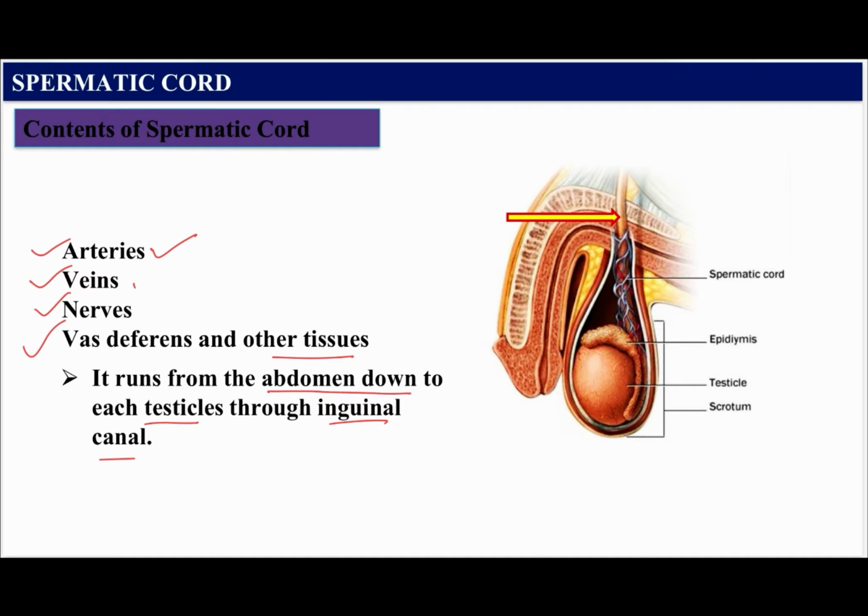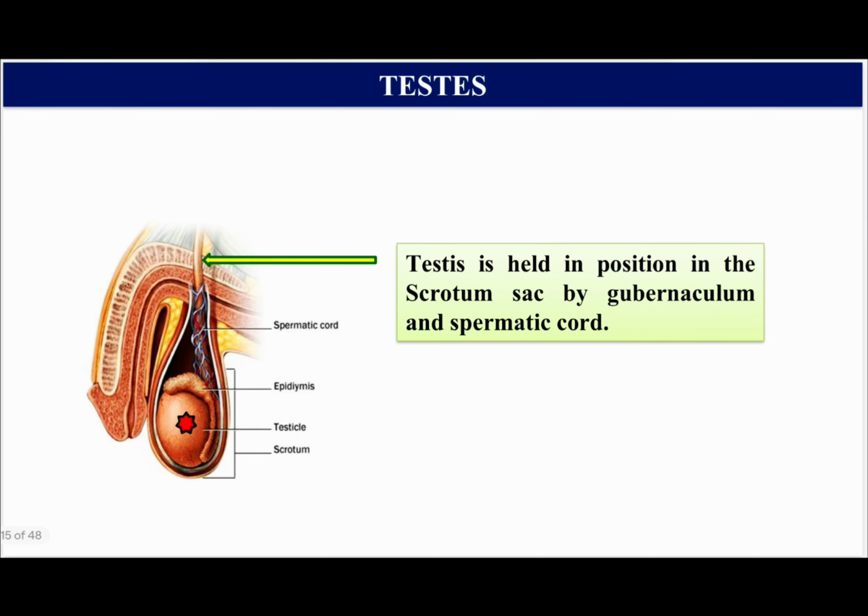That is artery, vein, nerve, vas deferens, and other tissue. And this runs from the abdomen down to each testicle through the inguinal canal. So the content of the spermatic cord is artery, vein, nerve, vas deferens, and other tissue, and it runs from the abdomen down to each testicle through the inguinal canal. Hope it is clear.